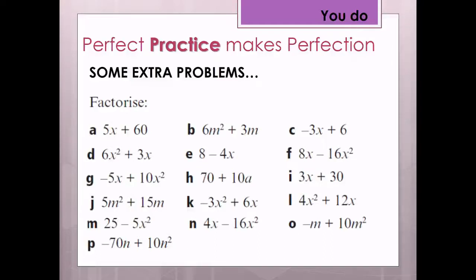Also, I have some extra problems. These extra problems are basically just, can you factorise? So in other words, can you take out the highest common factor, and can you write, for example, this first one here, can you take out the highest common factor, which is 5, and can you write down the answer, which then is 1x plus 12?